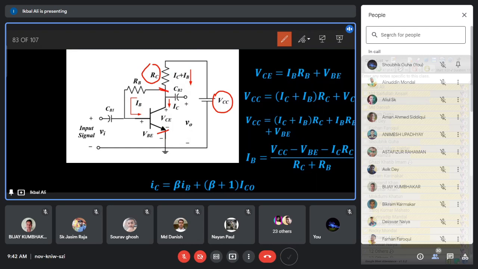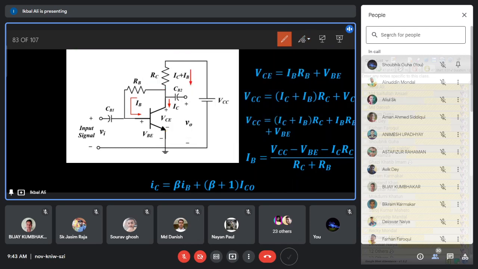This is similar to the fixed bias circuit. You have seen that in the fixed bias circuit, the RC resistance is also connected between VCC and the collector of the transistor.